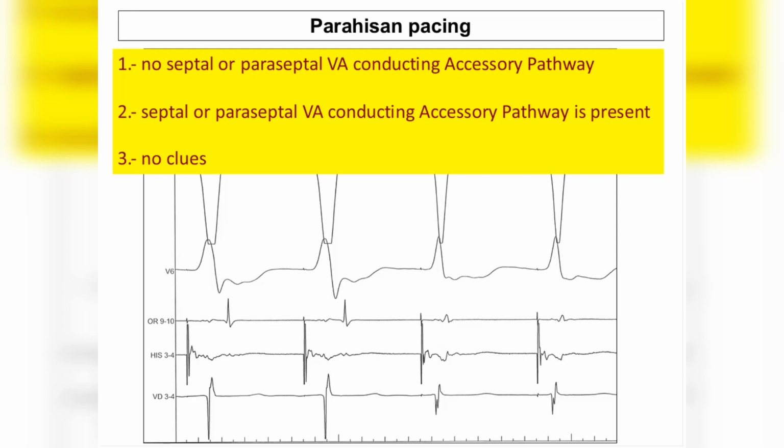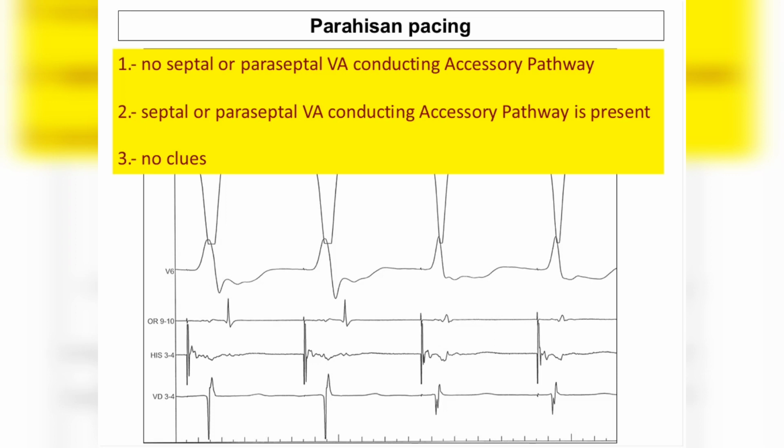And that also signifies that you are directly entering the His bundle and then activating the apex much faster. So this is another nice way of checking that you are really stimulating the His bundle. Absolutely, absolutely. That's a great point. You made a great point, Fernando.